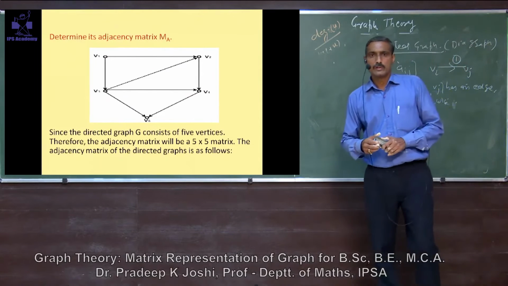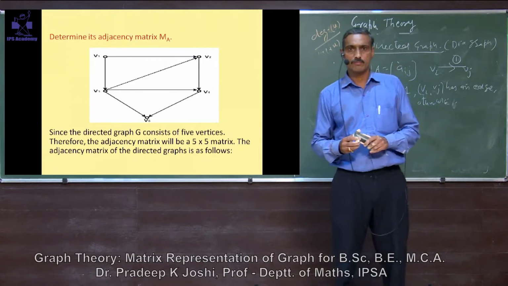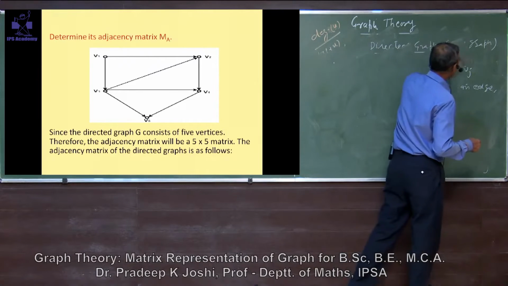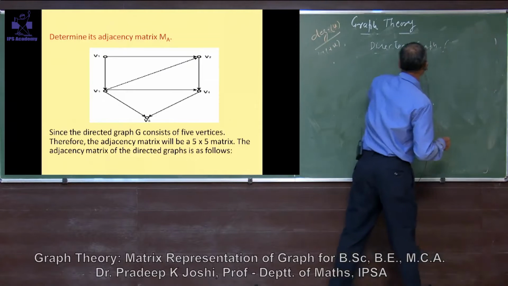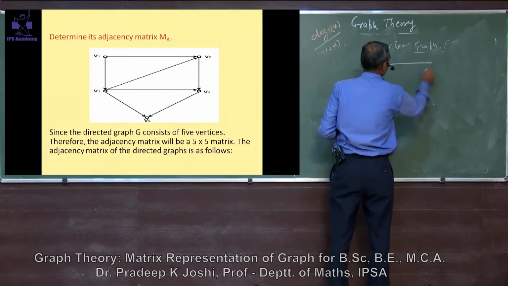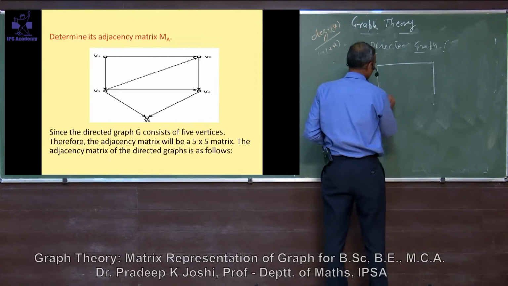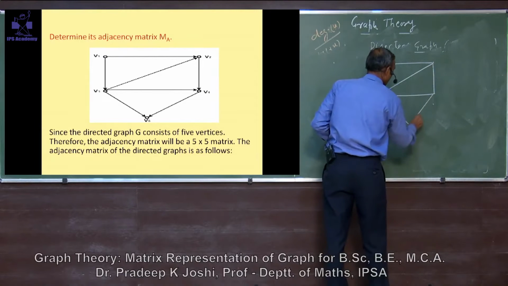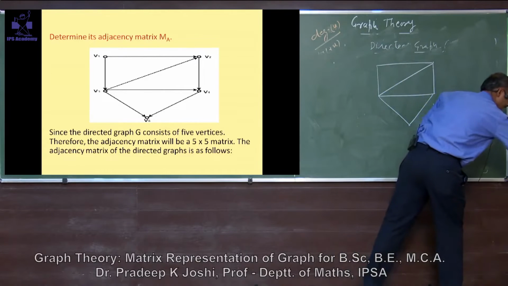Now we take a simple example of a directed graph, and you have to find the adjacency matrix of this directed graph. So we consider an example here. Now put direction between them.